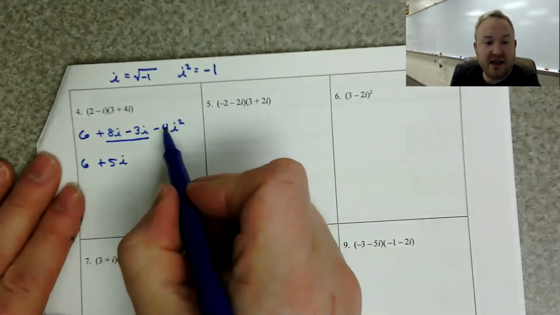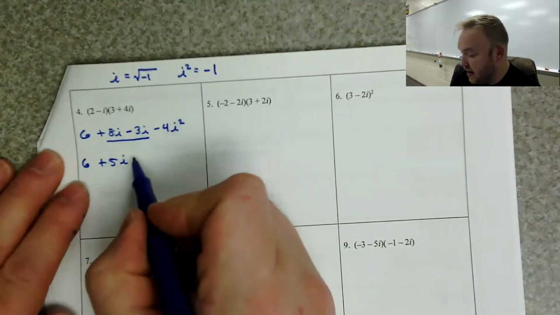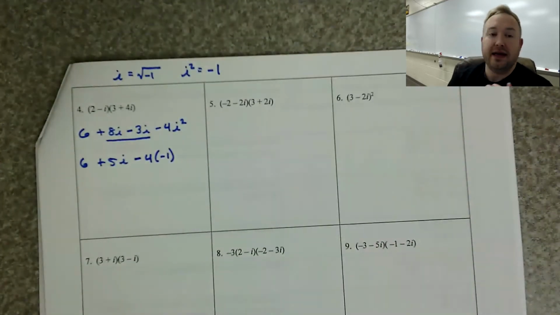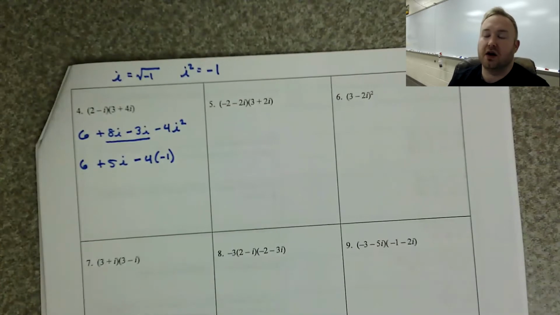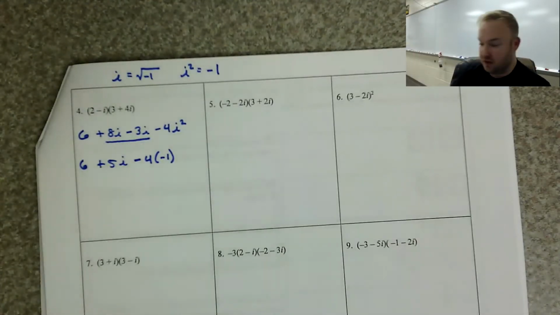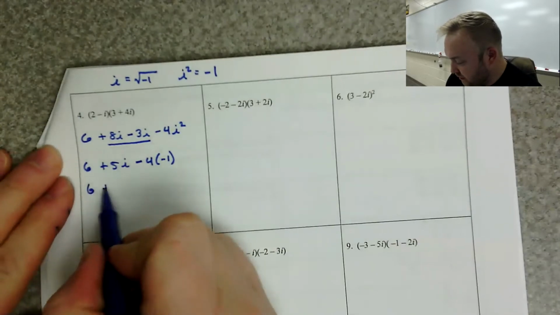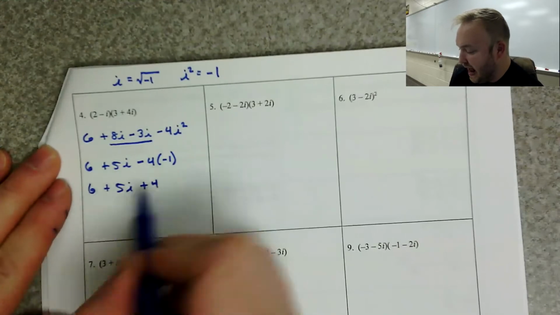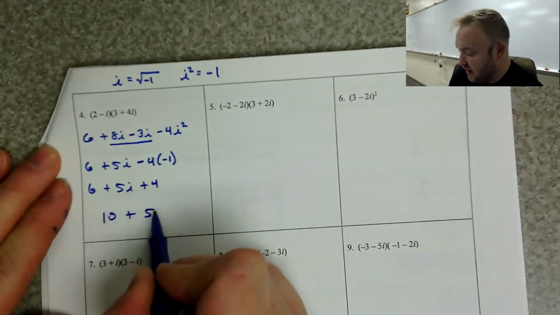So this is -4 times i squared, which is the same as -4 times -1. Anytime you see an i squared, you're always going to want to replace that with a -1. We should never have any powers of i in our final answer. We should never have i to an exponent, except for i to the first, obviously. -4 times -1 is +4, and then I can add 6 and 4, and my answer now is 10 plus 5i.